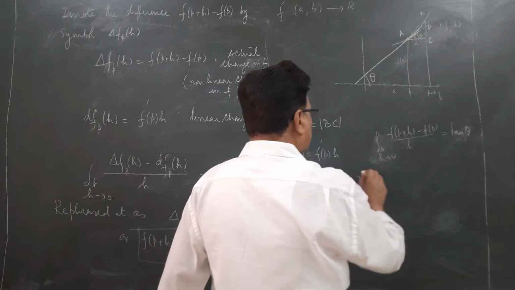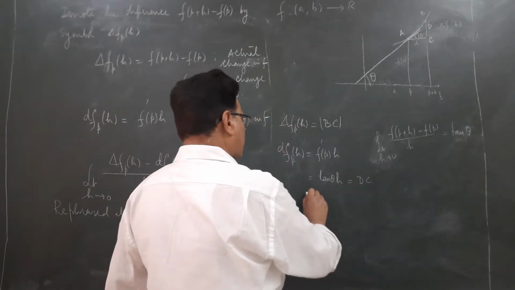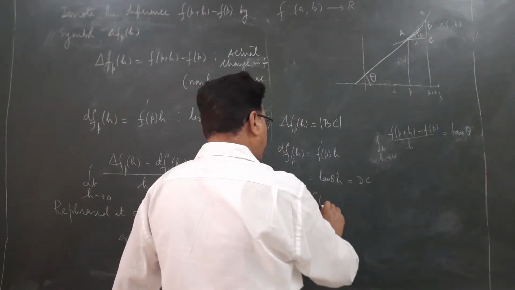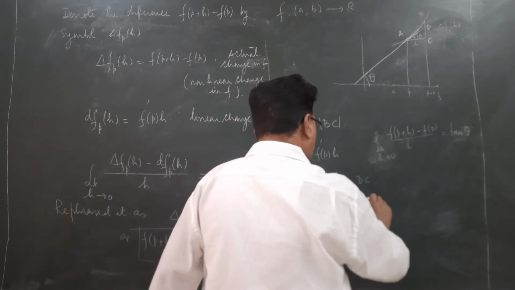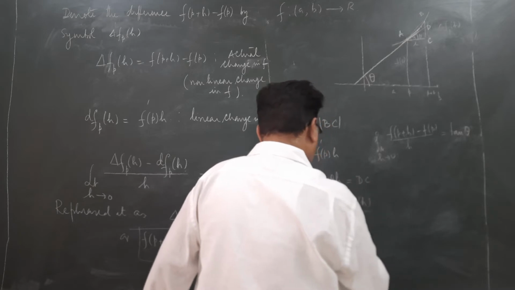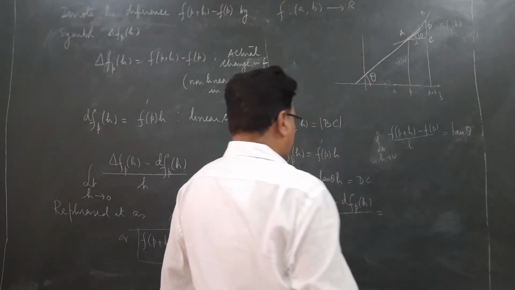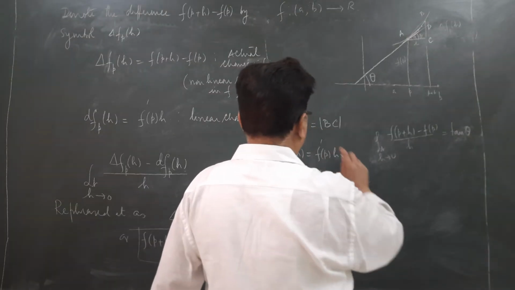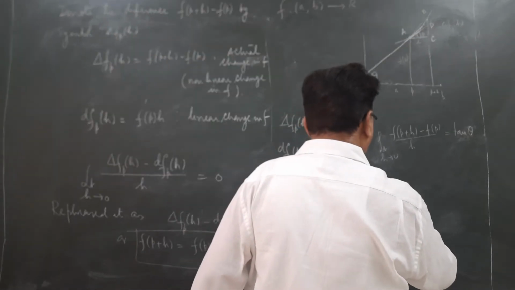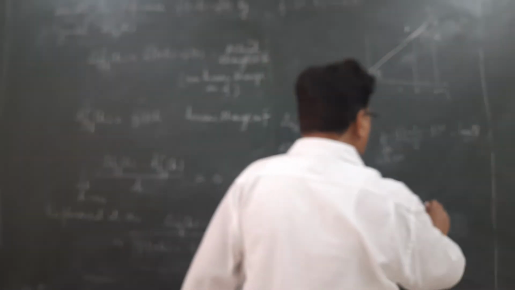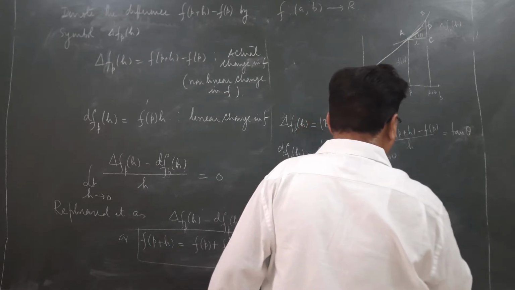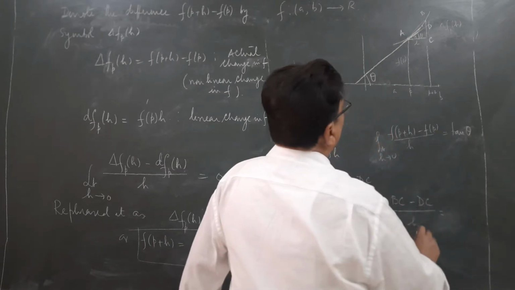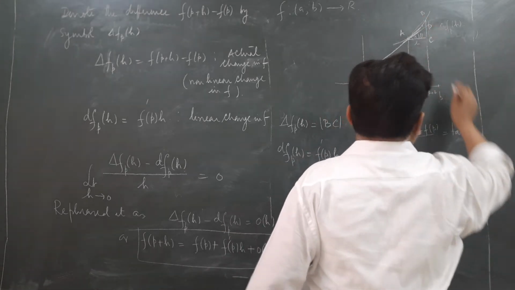This is DC. And the difference, delta f p h minus df p h. Look at this. You have seen it is BC, and this is DC, and BC minus DC is how much? BC minus DC is BD.